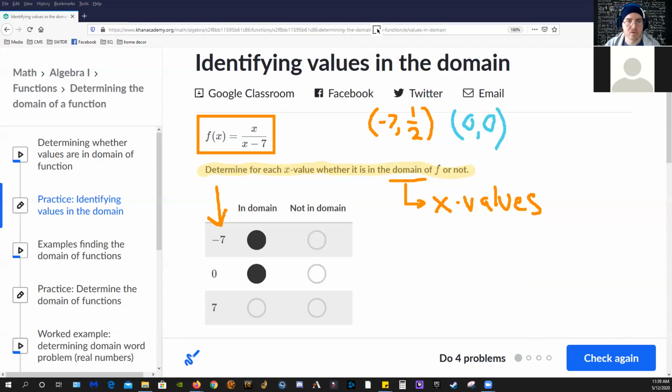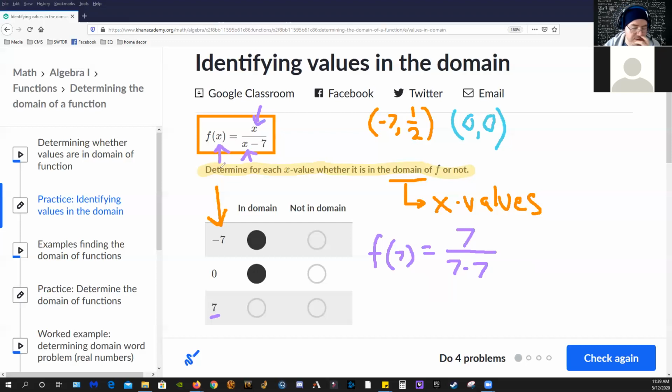All right, so let's try this one. What about when x is equal to 7? That'd be 7 over 7 minus 7. It's a lot of sevens. Again, all I did there is I took the 7 and I plugged it in for this x and this x.